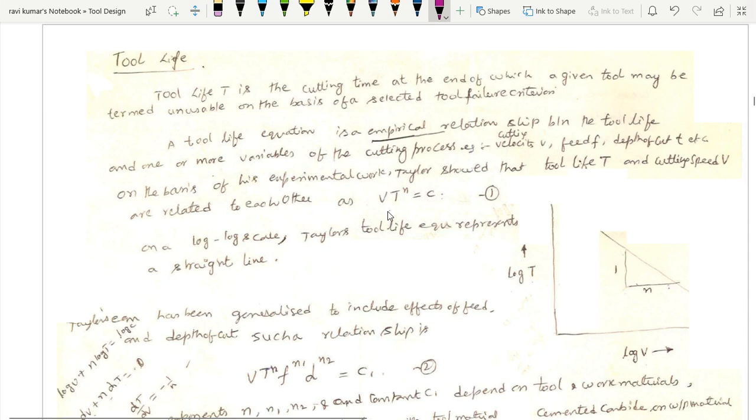Out of his experimental work, he told that V t power n is equal to constant is one equation which tells when the life of the tool is over.